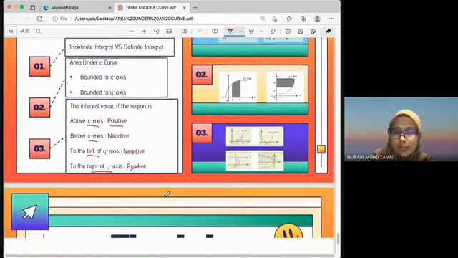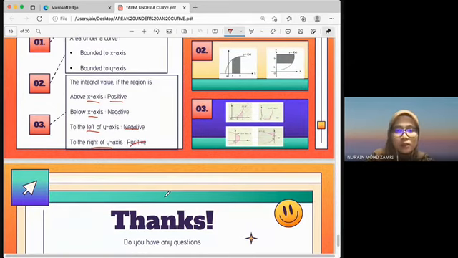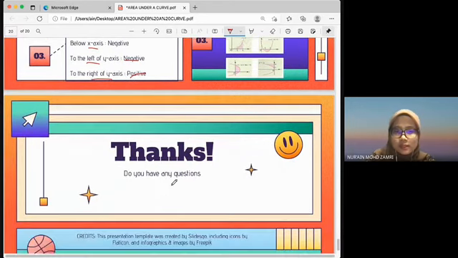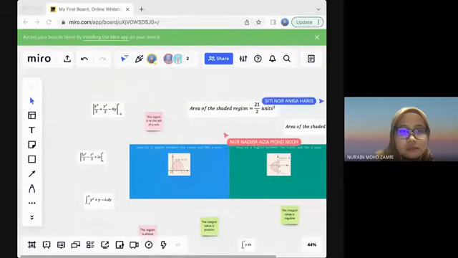So before we end our class today, we are going to do a simple quiz or game using the Miro application. So I will give you the link. I will stop the sharing first, okay? Teacher, can you see what I present now?